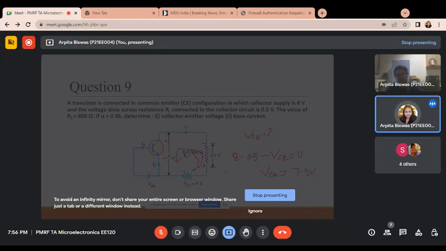Then you calculate the IB value. How do you calculate? This question is a little bit similar to the previous question. Now, if we get the voltage of 0.5 across RC, we can divide that voltage by 800, so we get the value of IC.